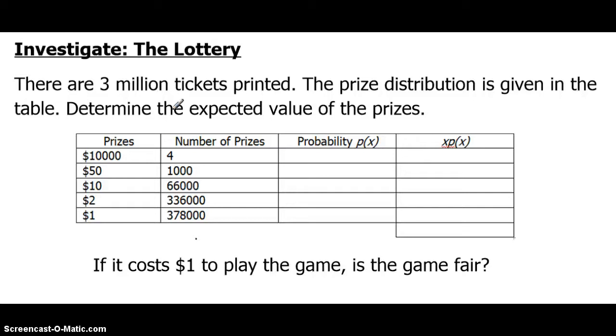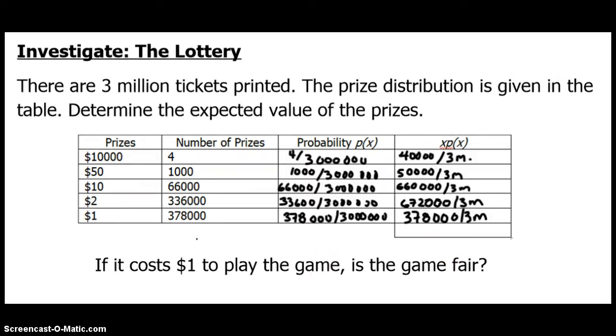So why don't you try, this is on your handout, this is at the bottom of your handout, try to calculate the expected value. Okay, so go through that calculation. Notice there's 3 million tickets printed, so figure out the probability of each of the prizes, and then determine the expected value in the fourth column. So I'm going to give you a chance to do that on your own.